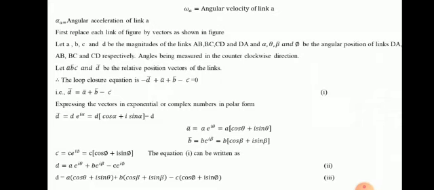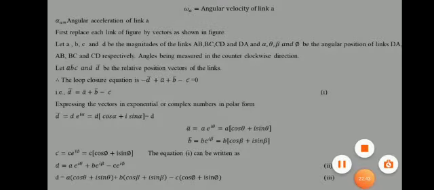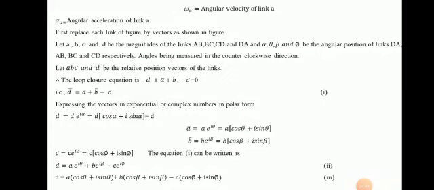That is the D position. Vector A is A e to the i theta, A into cos theta plus i sin theta. Vector B is B into e to the i beta, B into cos beta plus i sin beta. C dash is C into e to the i phi, C cos phi plus i sin phi.